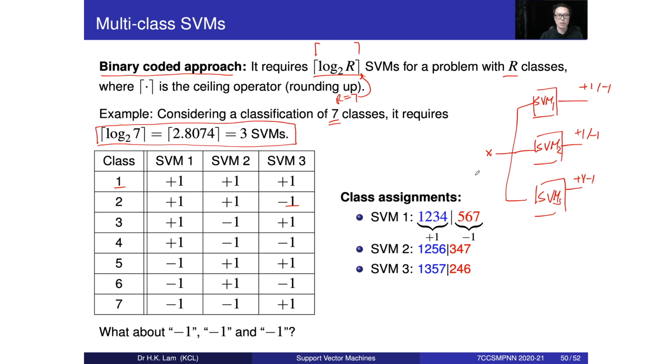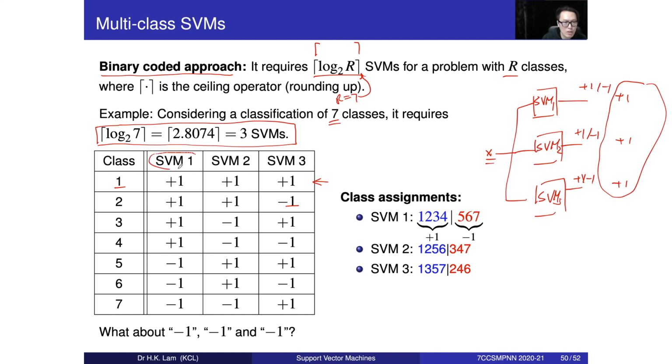Then according to this table and the output of the SVMs, if the output is +1, +1, +1, it tells you that this X belongs to class 1, because this is the code we assigned to class 1.